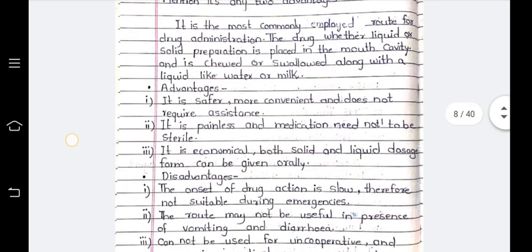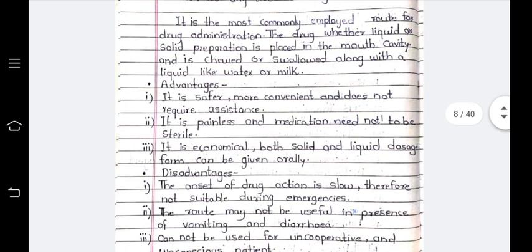What is the oral route of drug administration? Mention any two advantages. It is the most commonly employed route for drug administration. The drug, whether a liquid or solid preparation, is placed in the mouth cavity and is chewed or swallowed along with a liquid like water or milk.